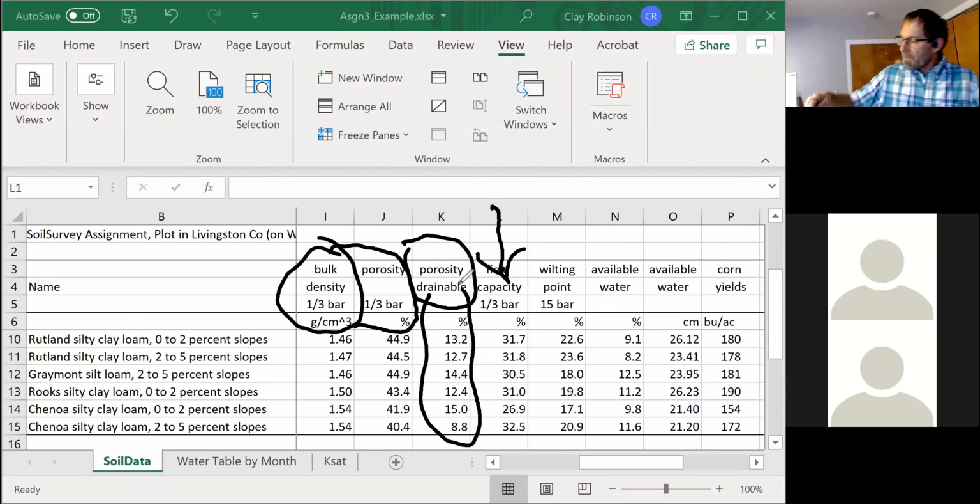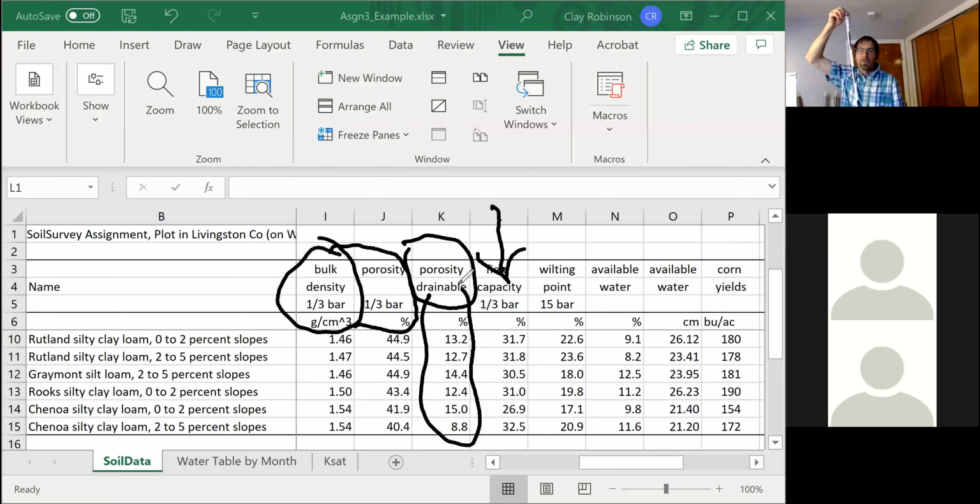That's about 40 inches. And I can drain 10% of the pores under the influence of gravity. That means I'm going to take out 10 centimeters of water, or about 4 inches. So the drainable porosity is what determines how much water will move out of that soil.